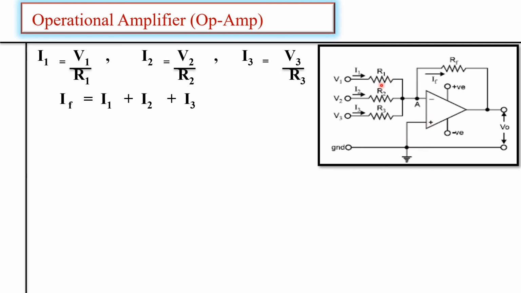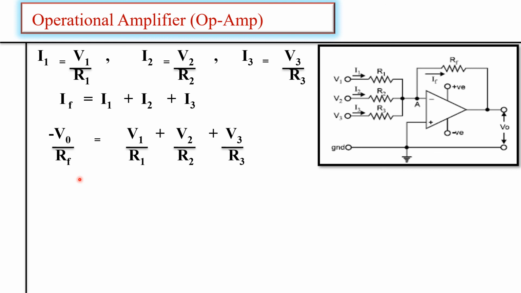Applying KCL, what do we get? I1 plus I2 plus I3 is equal to IF. Now let us substitute the values of I1, I2, I3 and IF. IF is 0 minus the output voltage divided by the feedback resistance RF, that is equal to minus VO upon RF.